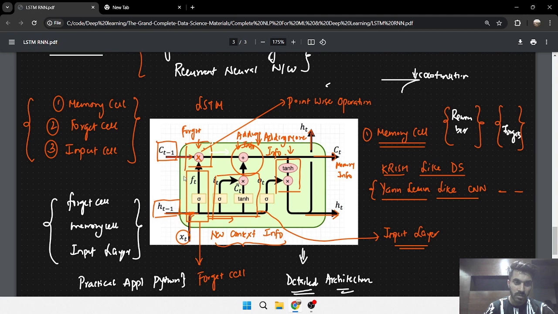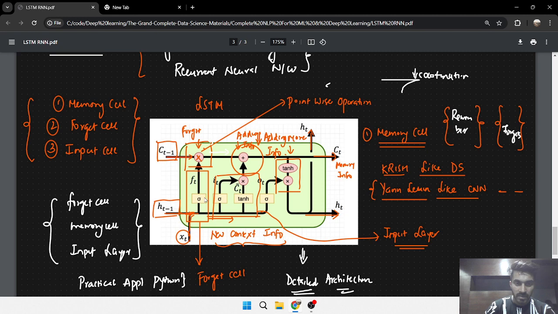This x of t is your input cell, and here is your forget cell, denoted by f of t. Here a sigma is an activation function applied here, and tanh is also an activation function.